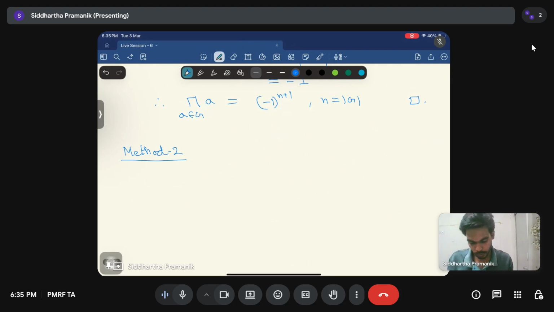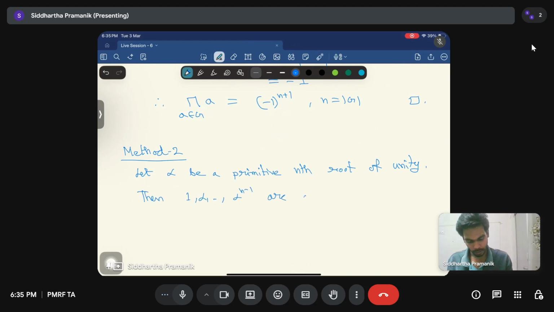So let alpha be a primitive nth root of unity. Then we know that 1, alpha, ..., alpha power n minus 1 are all nth roots of unity.